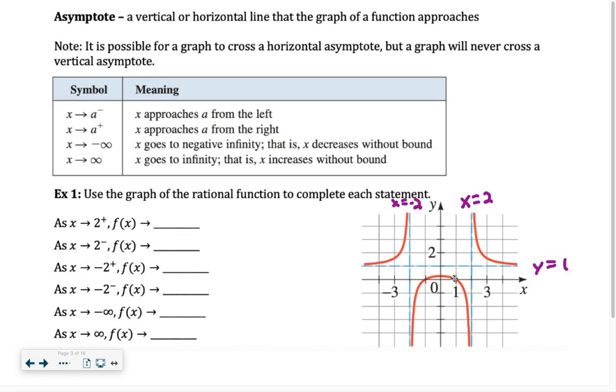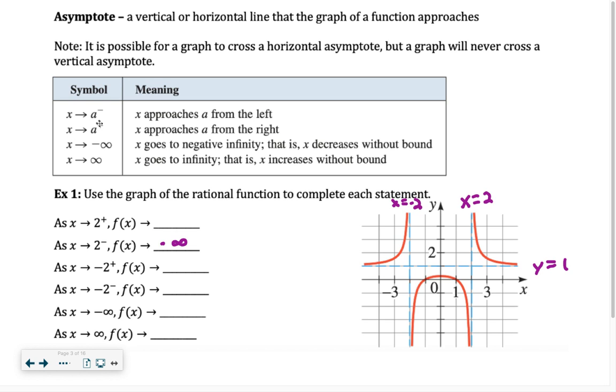So from the left would be from this direction. This is to the left of 2. So as I'm approaching 2 from the left, my function is going down. It's going to negative infinity. So here, I would say, as x approaches 2 from the left, my function goes to negative infinity.